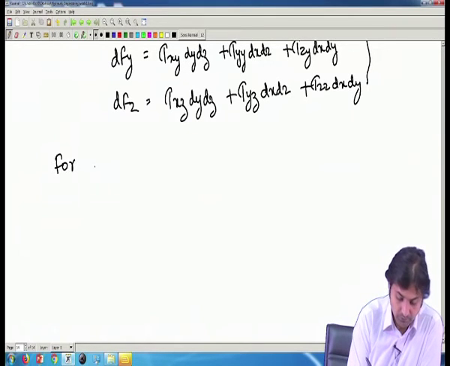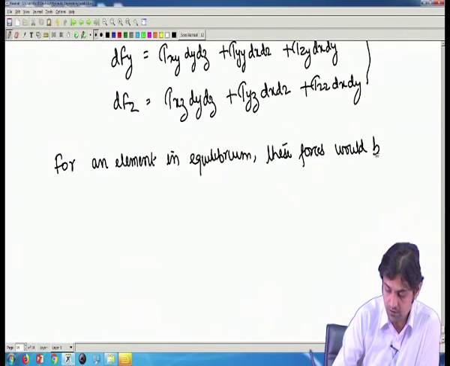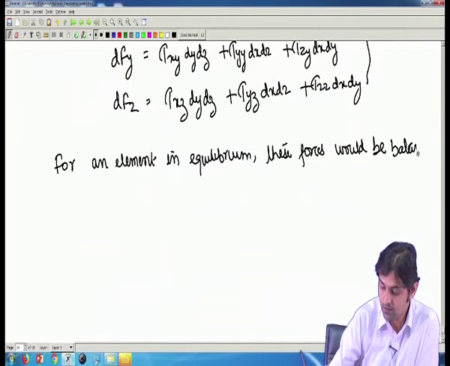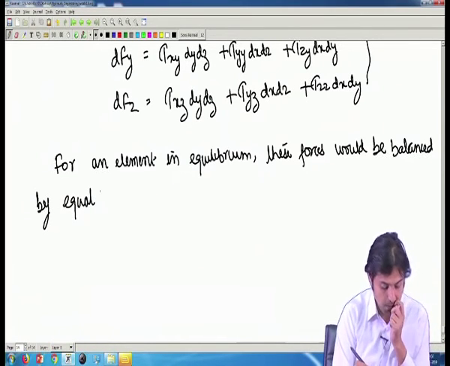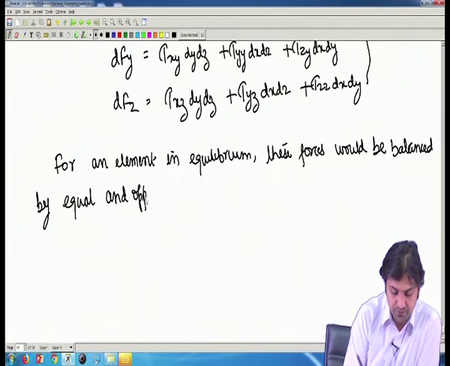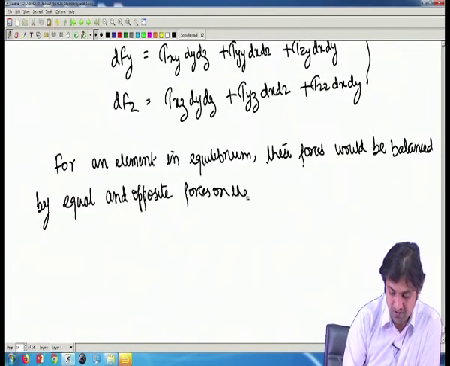So, for an element in equilibrium, these forces would be balanced by equal and opposite forces on the back sides, right.